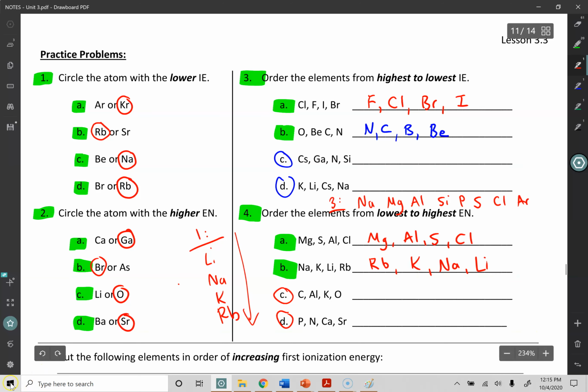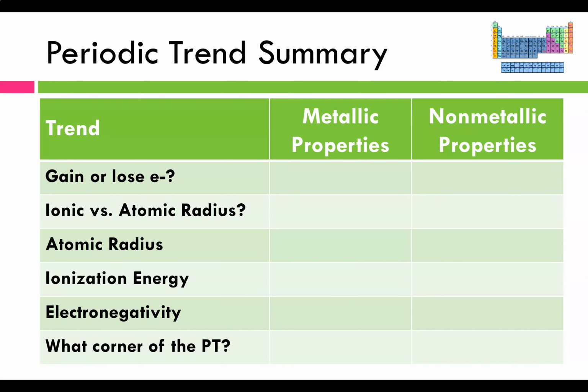Let's finish up today's lesson just summarizing the periodic trends and really comparing and contrasting metallic properties versus non-metallic properties. So when it comes to gaining or losing electrons, metals always lose electrons. Non-metals will always gain electrons.